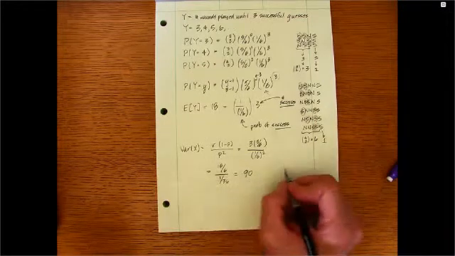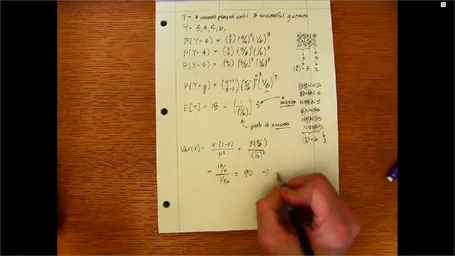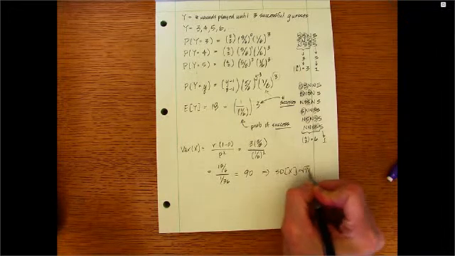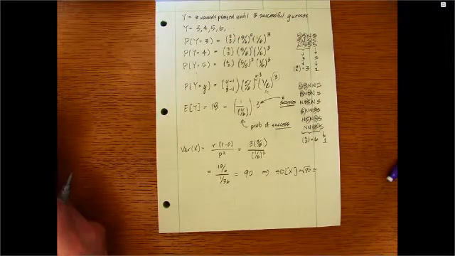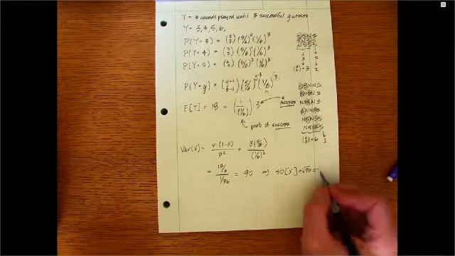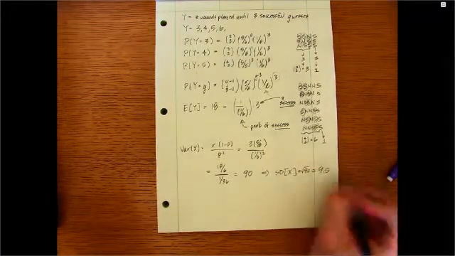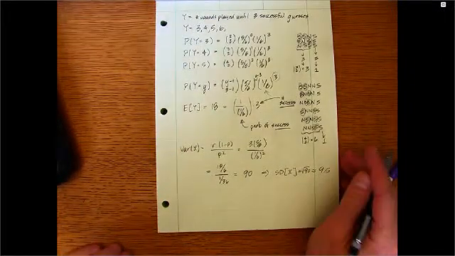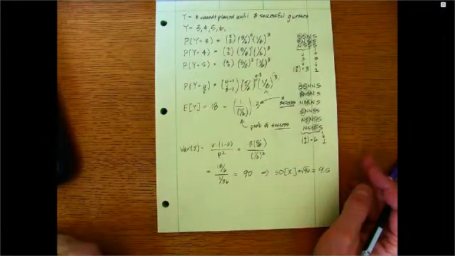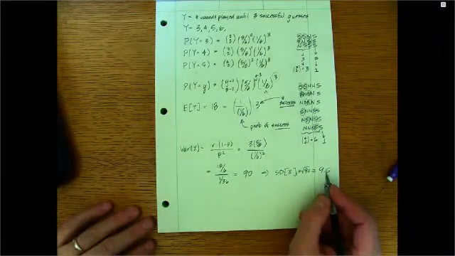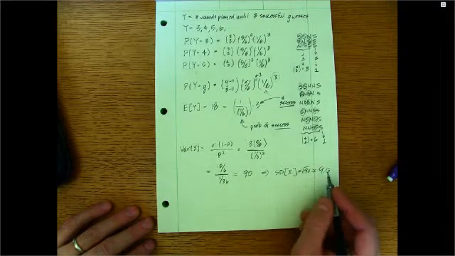Let's take a look at what that means then for the standard deviation of x, which is the square root of 90. The standard deviation then is going to be somewhere in the neighborhood of 9.5-ish. And so what you should notice is that this variability is quite a bit higher.